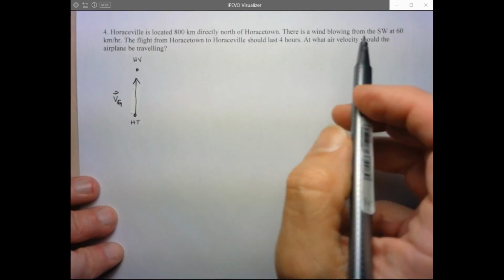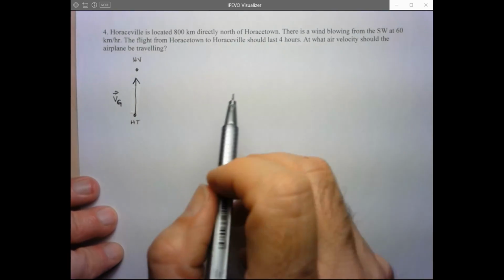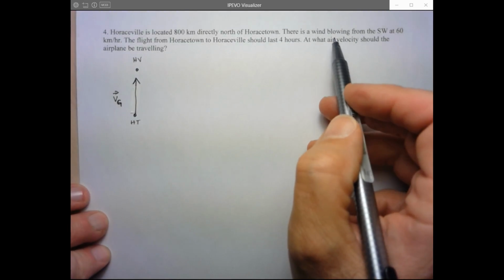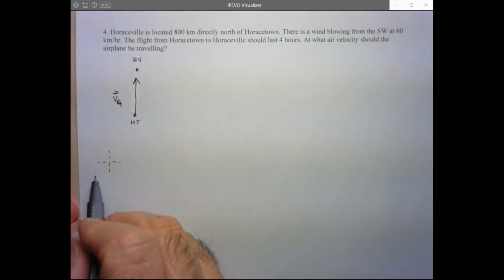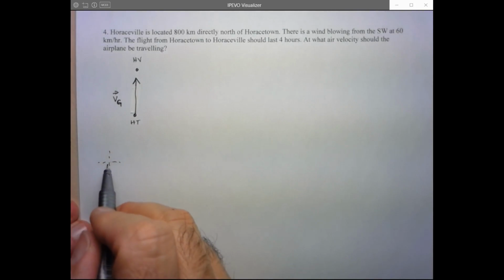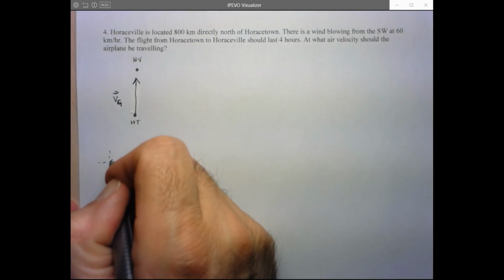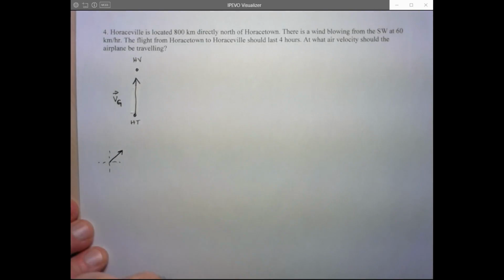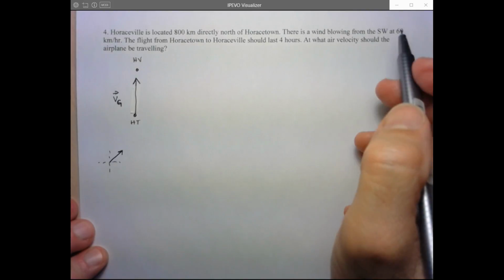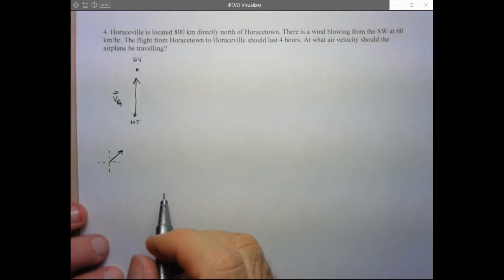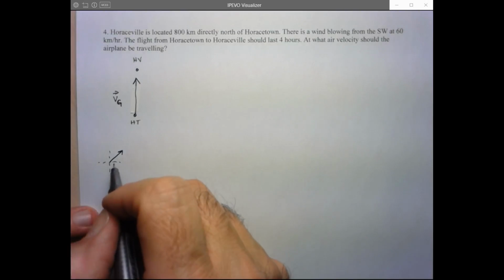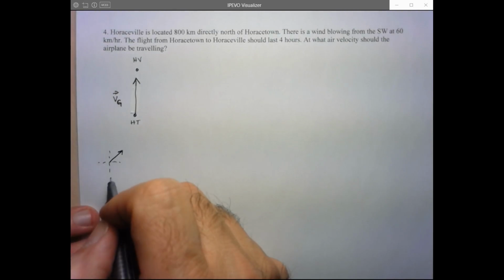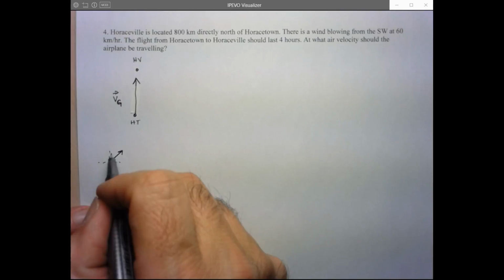Now, because I have more information about the wind velocity, I'm going to draw that one first. Notice here it says from the southwest. So if we take our cardinal plane, it's coming from the southwest, which means it must be traveling northeast. One thing I notice here is there's no angle given. So this is where we presume that if we just say from the southwest or going towards the northeast, these angles are equivalent.